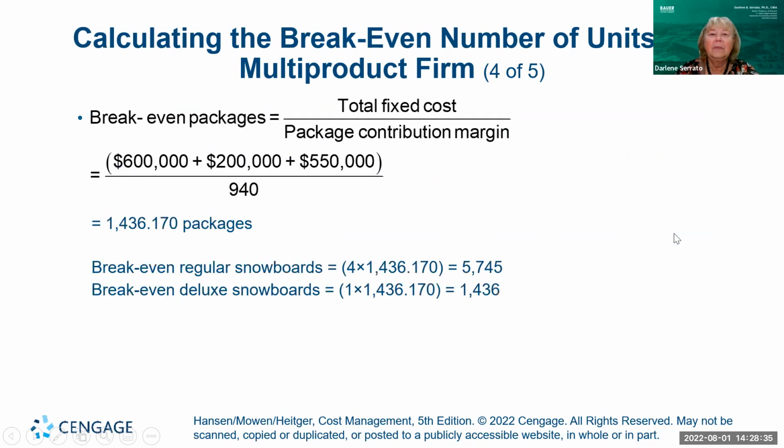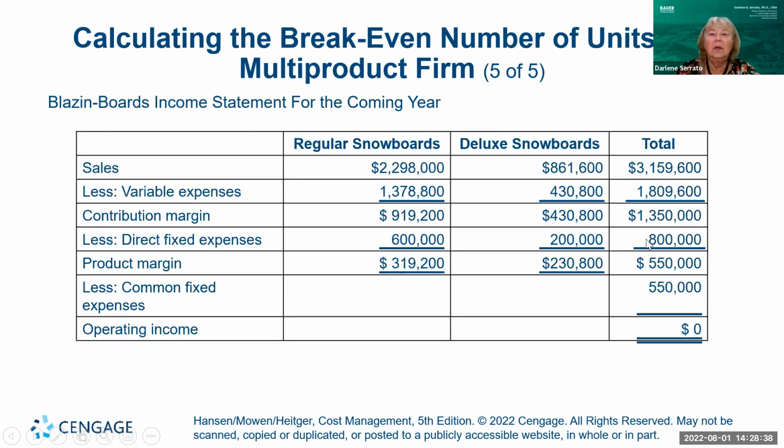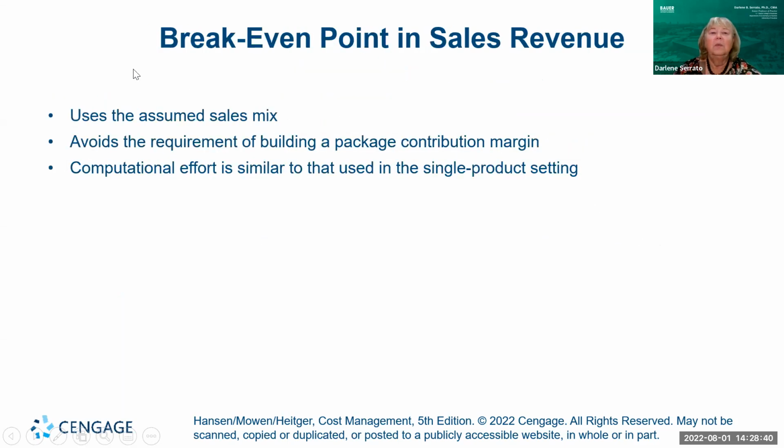Okay. So break-even point in sales revenue, you're going to use the assumed sales mix, and you can do it with multi-products. Again, we are not doing multi-product break-even or target sales.